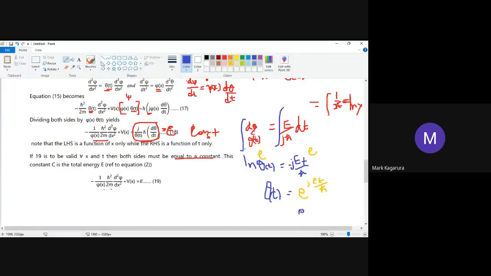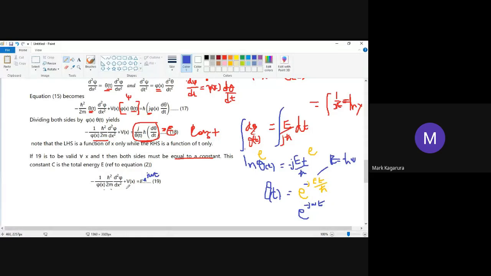Remember, E here is equal to h bar omega from up there. So if you multiply, this will be j omega t. There was a negative here which we missed. So the time dependent equation multiplies this by e to the j omega t.